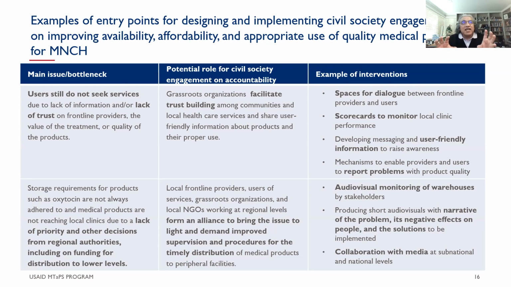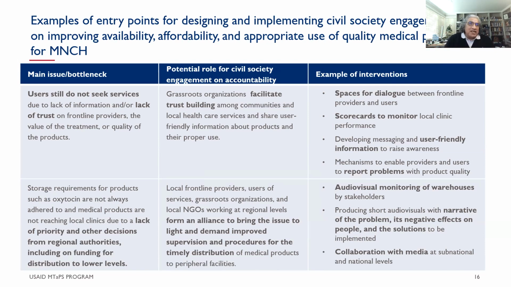So in this context a lack of trust among different actors may be the main barrier, and social accountability is a great intervention to try to improve the level of trust among the different stakeholders. We are listing here some specific strategies to do that: spaces for dialogue, a scorecard to monitor local performance, user-friendly information, and also mechanisms to report problems.